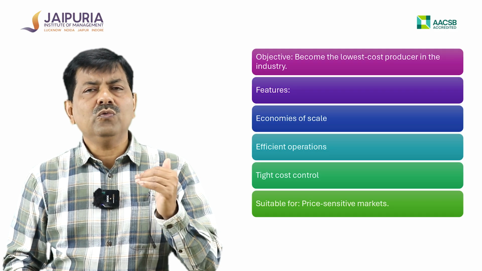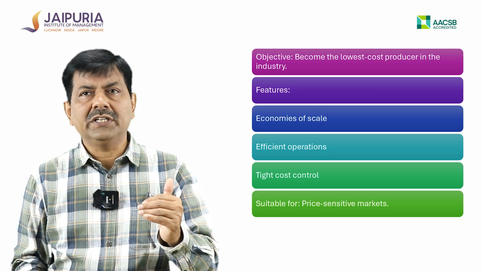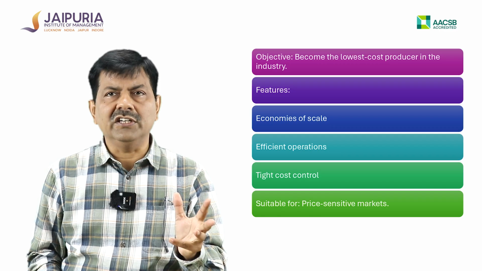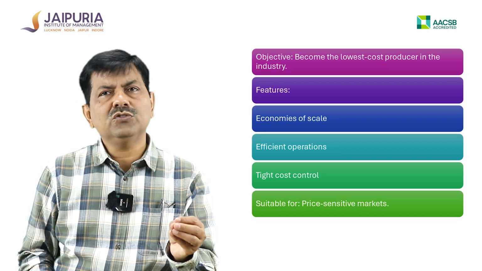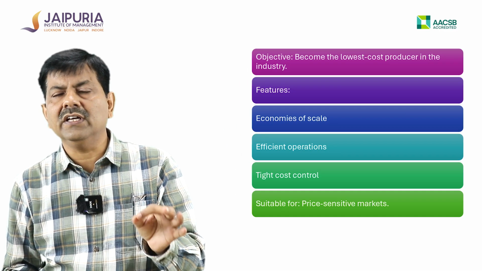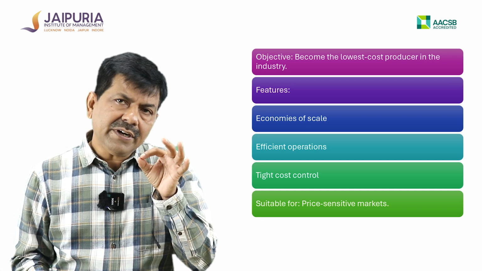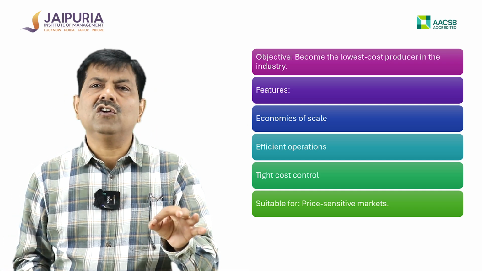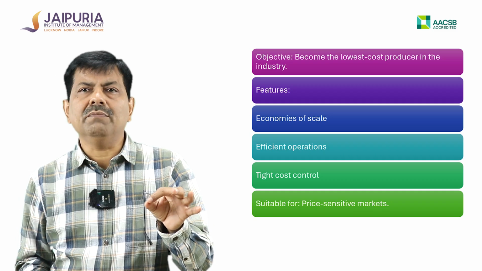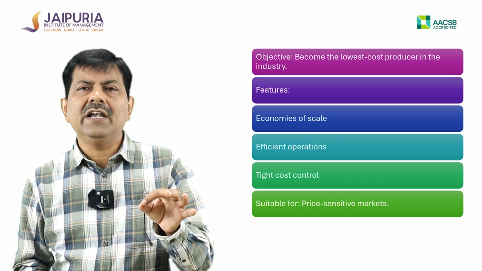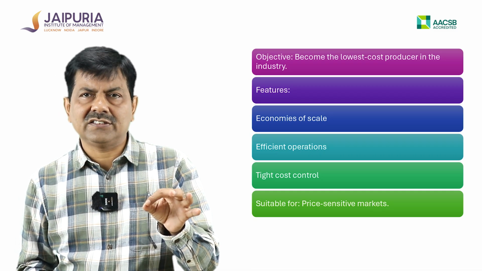Now, coming to the objective of the cost leadership strategy: the objective is to become the lowest cost producer in the industry, which can be your unique selling proposition. This can be done when you have economy of scale. That means your demand is very high and your per unit margin is very low.